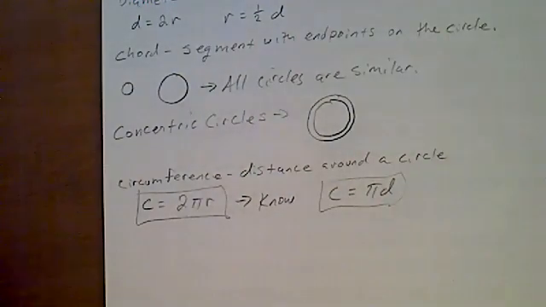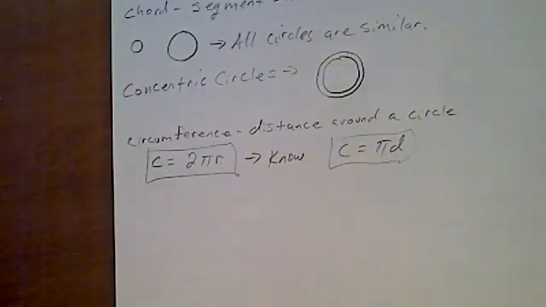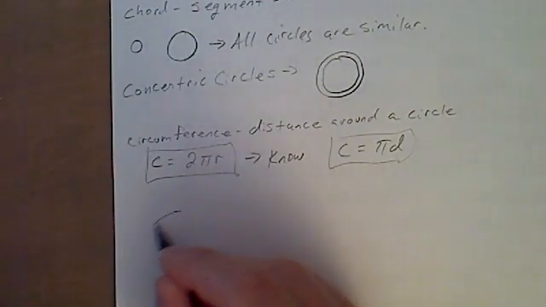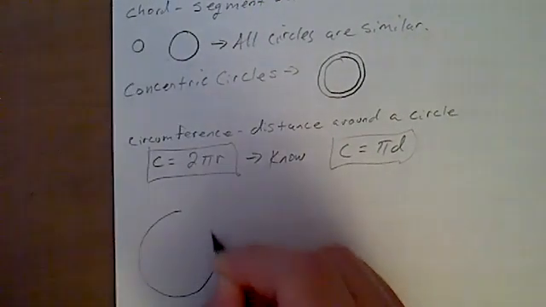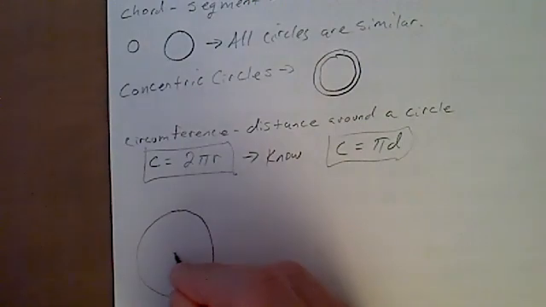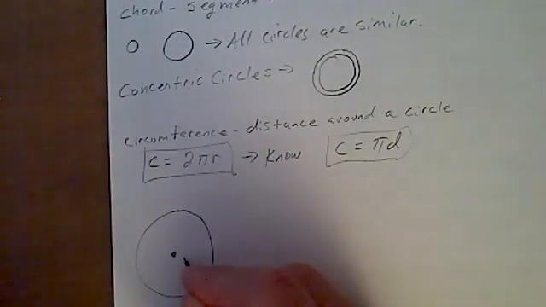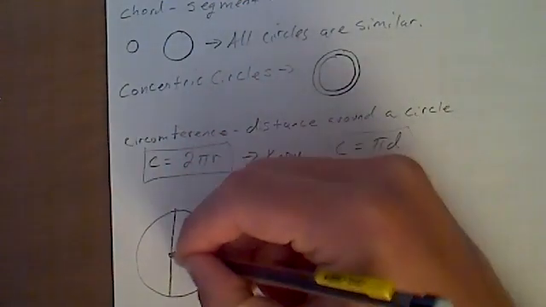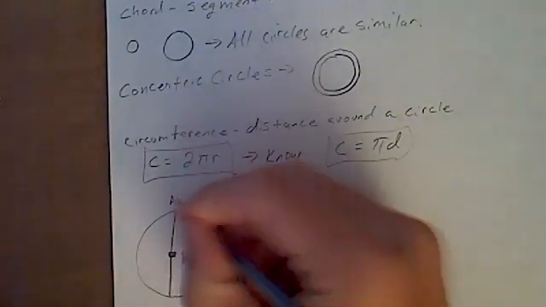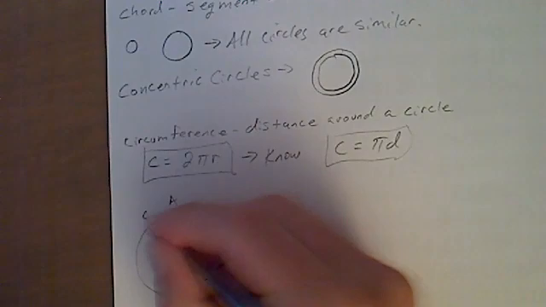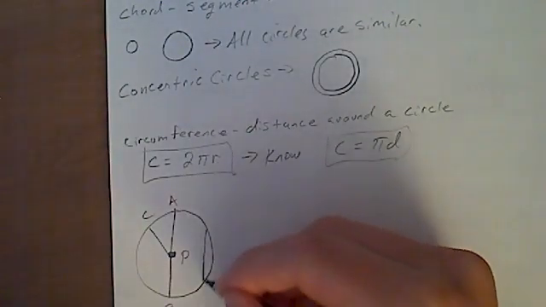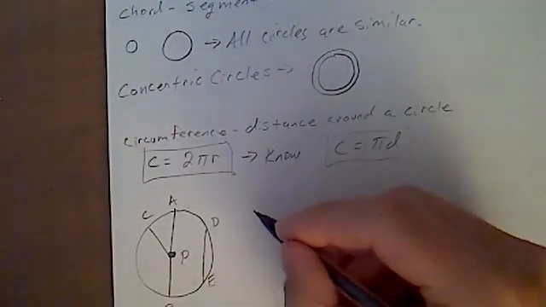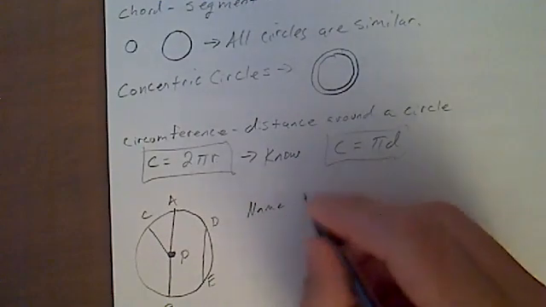All right, so let's look at some examples. Say that we have a circle. We have a center here. We're going to call that center P. That should go through the center. A, B, C, D, and E. So you might be asked questions like, name the circle.